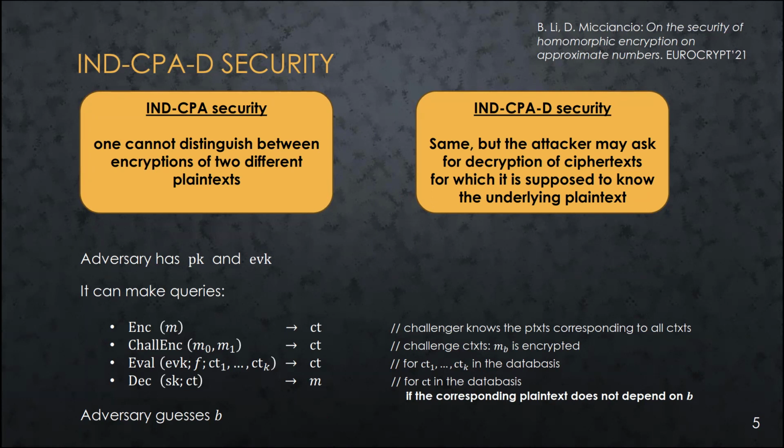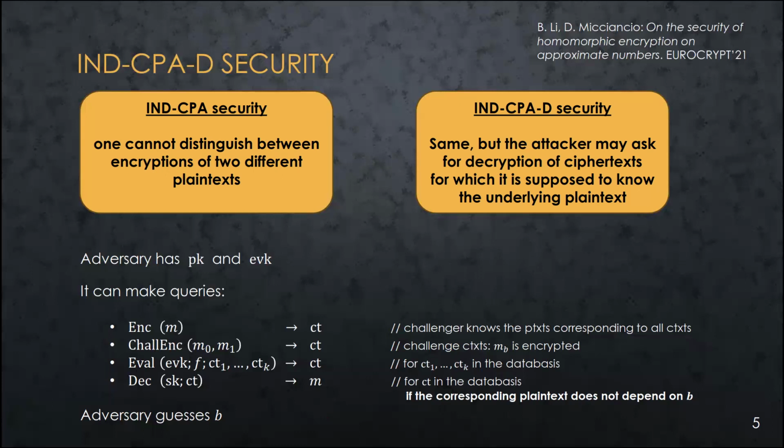So more formally, you can ask for encryptions of plaintext. We formalize it this way so that the challenger knows the plaintext underlying all ciphertexts. You can ask for encryption of a challenge plaintext: you send M0 and M1, and one of the two is going to be encrypted. You can ask for evaluations of well-formed ciphertexts, of ciphertexts that are already in the database.